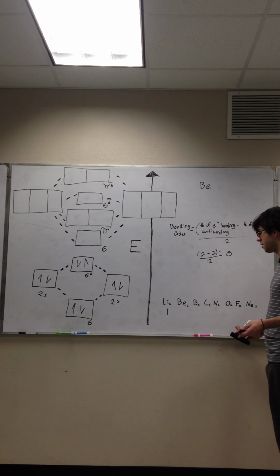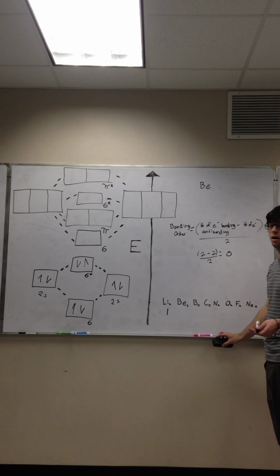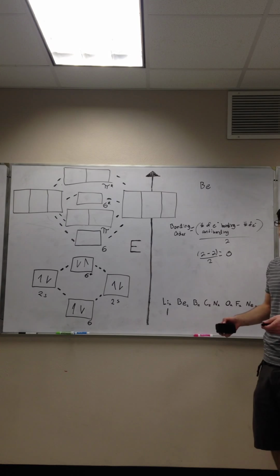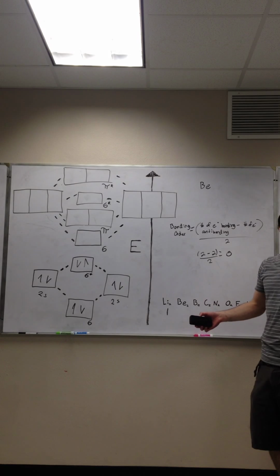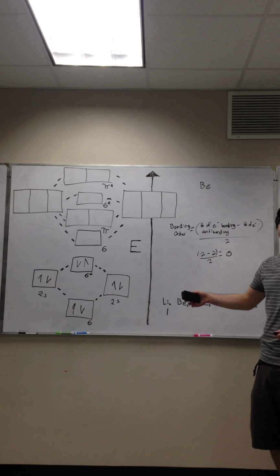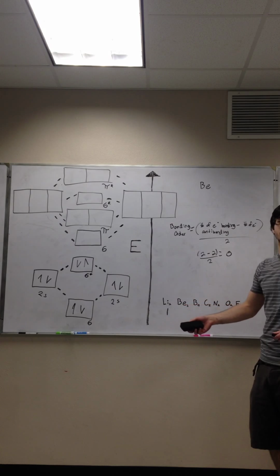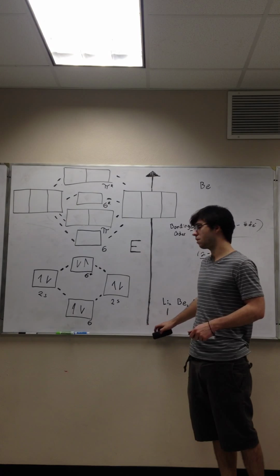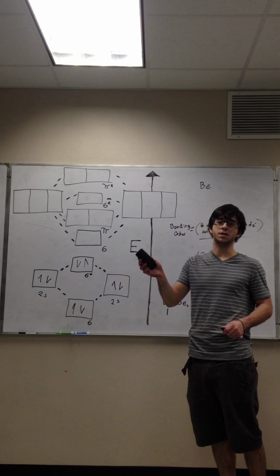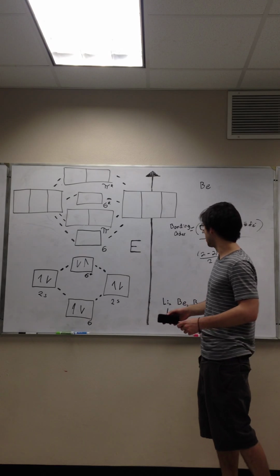Typically, the formation of a diatomic molecule can happen as long as the bond order is greater than 0. It might not be too stable if it's less than 1, but the higher that number is, the more stable it is.